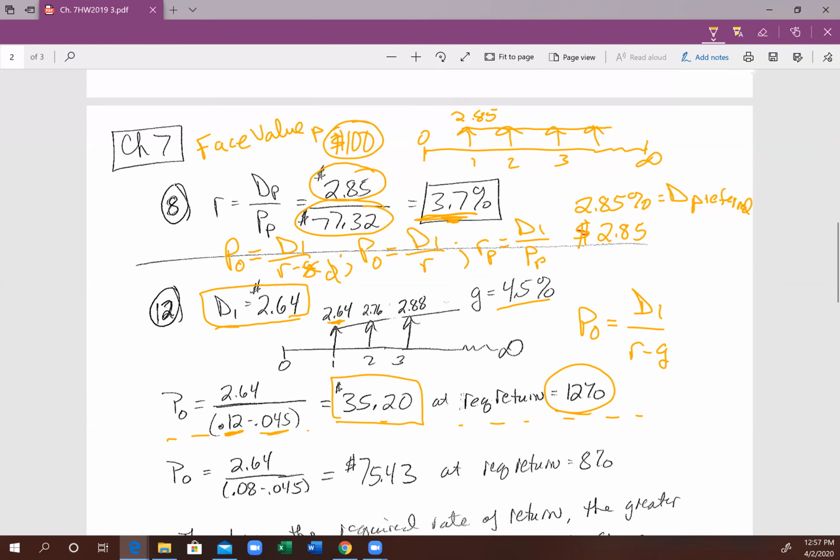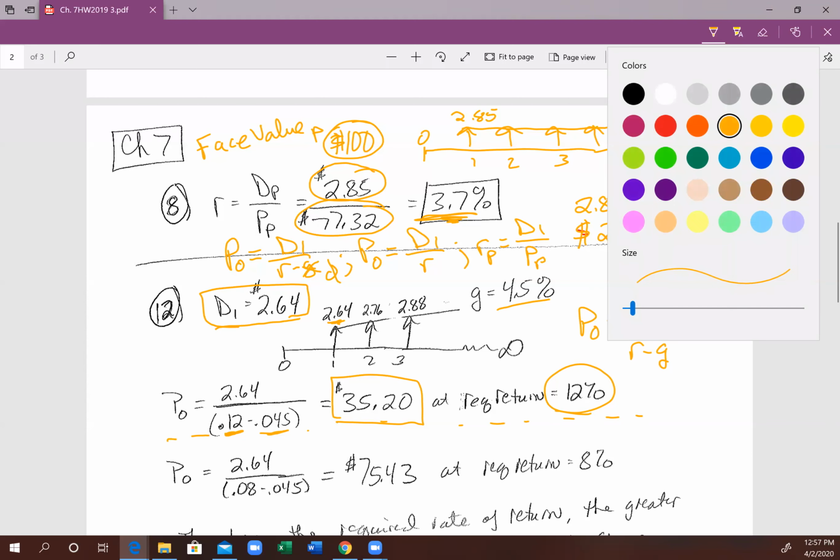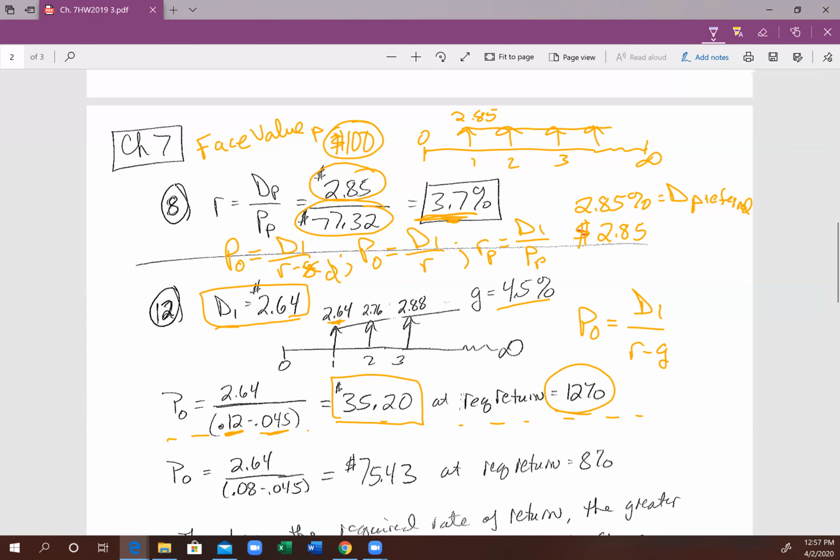So if we drop the interest rate down to 8%, how's that going to impact the present value of these cash flows?